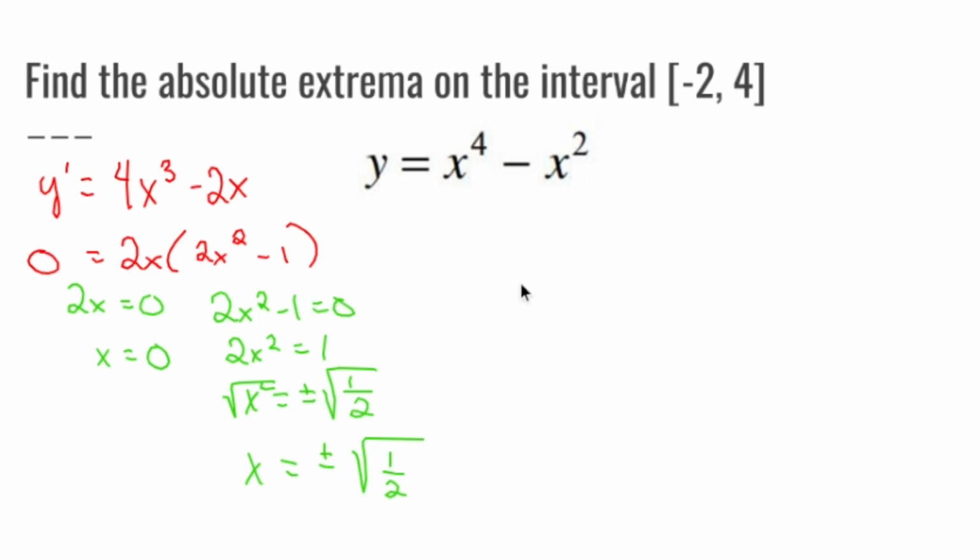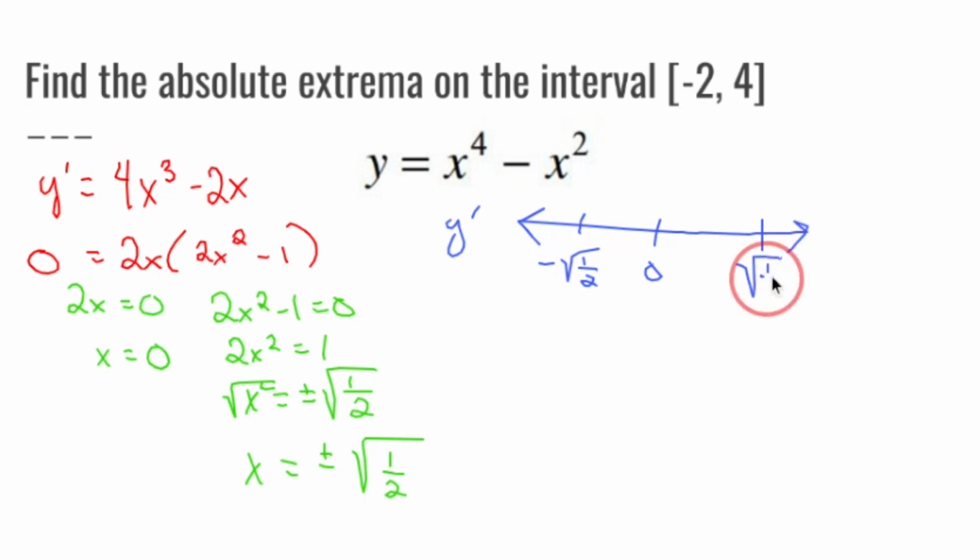All right, let's make ourselves a sign table with that one. We've got y prime. We've got 0, negative square root of a half, and positive square root of a half.